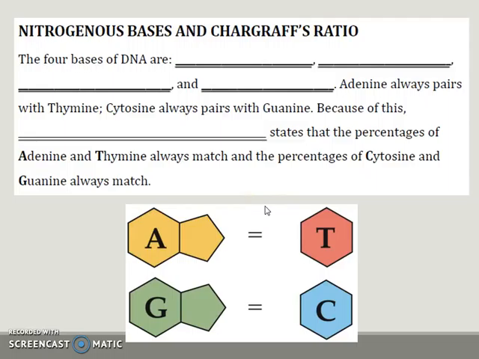The nitrogenous bases and Chargaff's ratio. Here we talk about the four bases, which are adenine, thymine, guanine, and cytosine. Adenine is always going to pair up with thymine, and cytosine is always going to pair up with guanine. The way that I told my students to remember that was A goes with T, so you can remember the phrase apple on the tree, and then C goes with G, and so you can remember the phrase car in the garage.